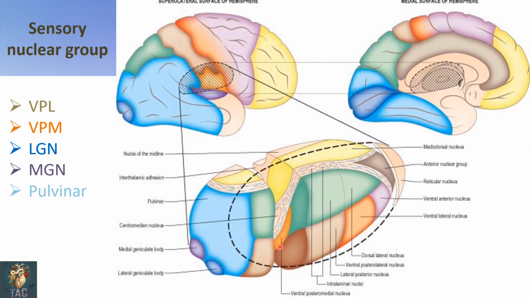The trigeminal nerve basically takes information from the facial area about pain, touch and temperature. All three divisions of the trigeminal nerve relay their impulses into the nuclear groups present in the brain stem, and then this information from the brain stem enters into the ventro-posteromedial nuclear group.